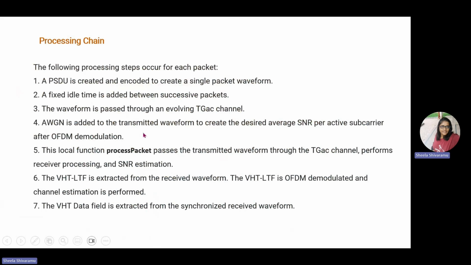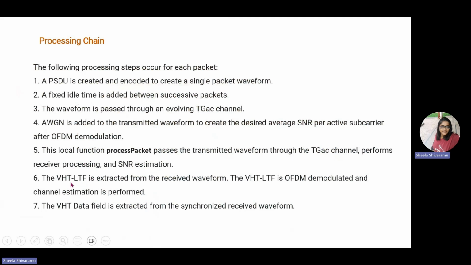AWGN is added to the transmitted waveform, and they use a function called processPacket, wherein the transmitted waveform is passed through the TGAC channel to model the channel effect. It also performs the receiver processing and the SNR estimation, all in the same processPacket function.